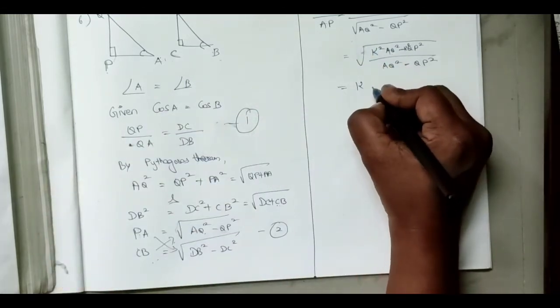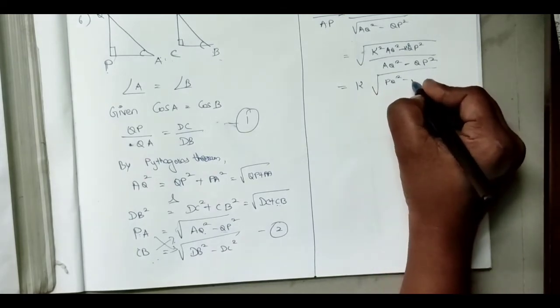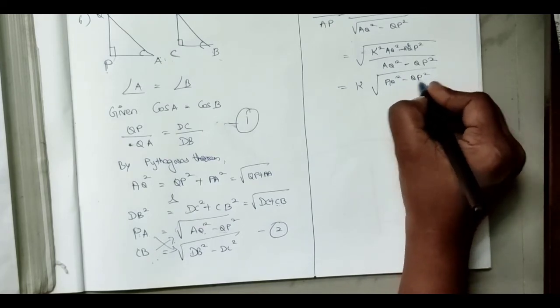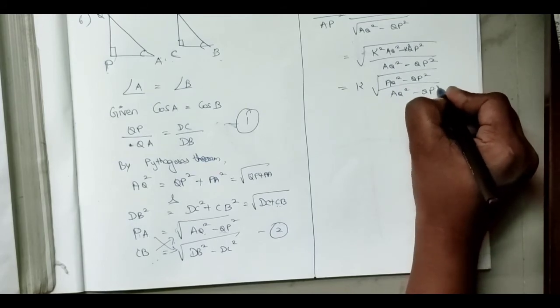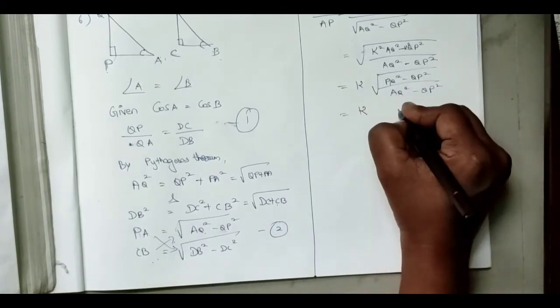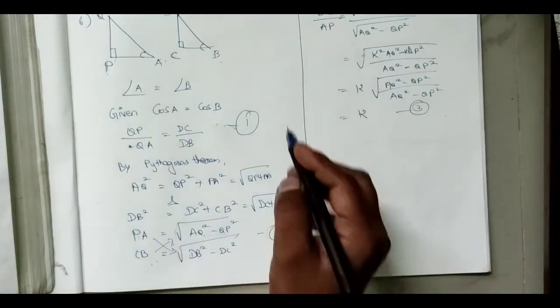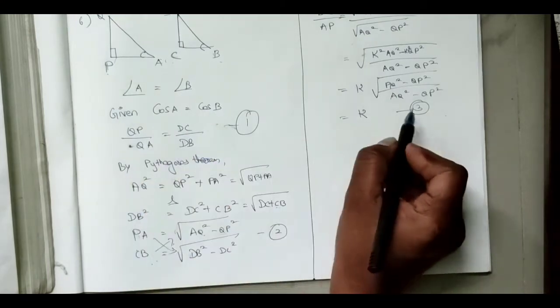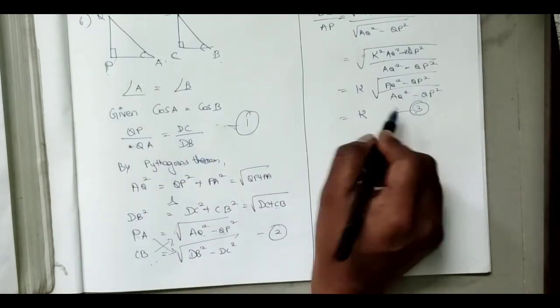It's going to be K into QP squared minus AQ squared minus QP squared, divided by AQ squared minus QP squared. Cancel. It's going to be the constant K. Let this be the third equation. So we have from 1 and 3.